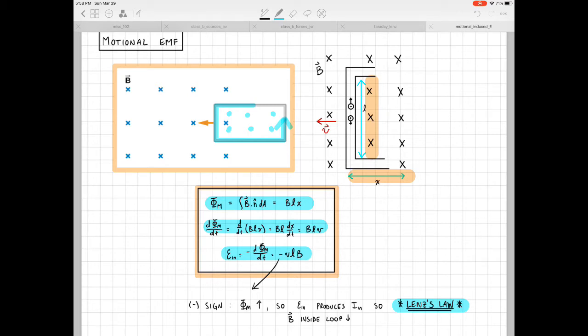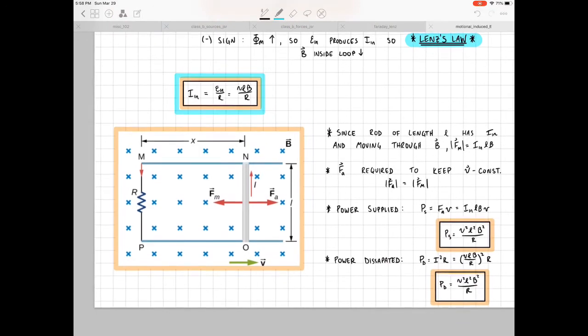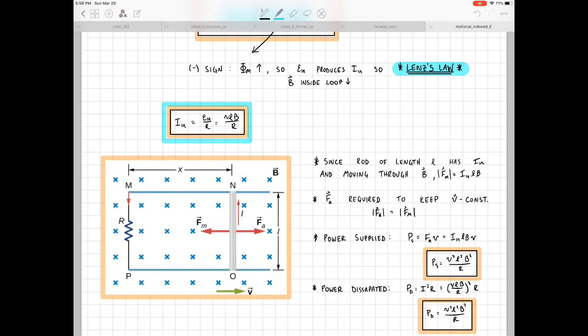Essentially, the magnetic force on the portion of the wire that's moving through the field would cause the loop to slow down. So to keep moving at that speed, there needs to be a force applied. That's the focus of what I have down here at the bottom.